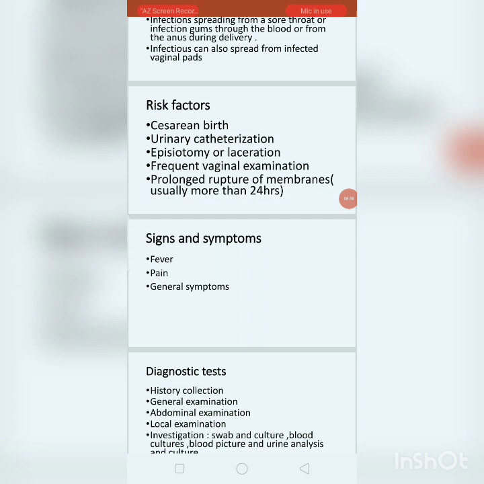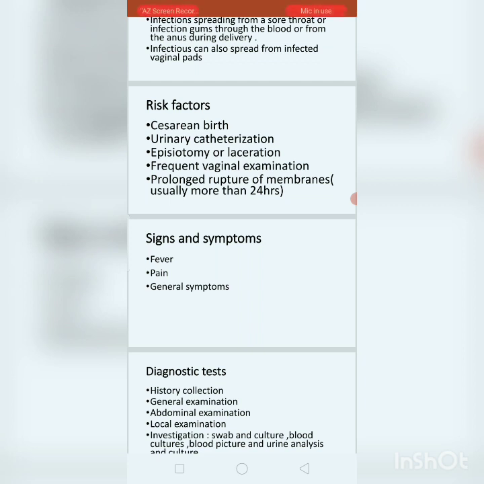Next, the signs and symptoms of this postpartum infection. How do we detect that it is a postpartum infection? The patient can experience high grade fever, and pain may be present along the episiotomy stitches or over the laceration in cases of infection.